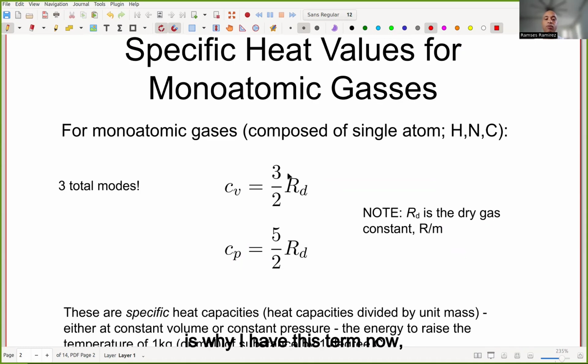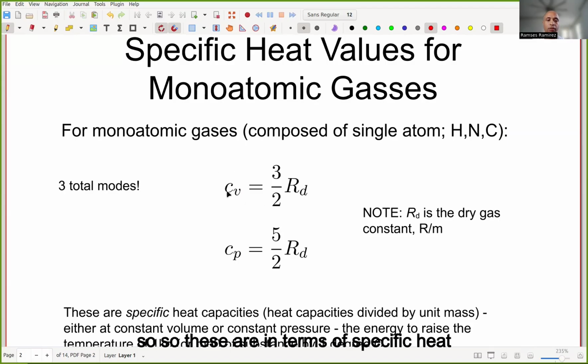So this is why I have this term now, R_D. That's just R divided by M. So it's your gas constant, 8.314, divided by the atomic mass or molecular mass of the gas of interest. And that then gives you the dry gas constant that we'll use a lot actually in planetary atmospheres.